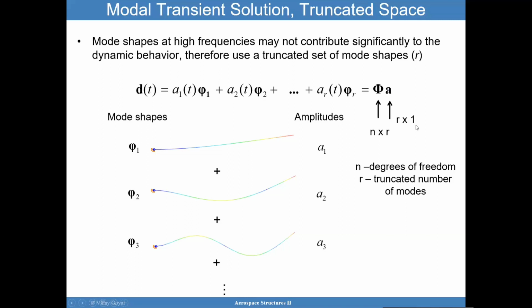So 5 by 1, and for the mode shapes, I'm only considering 5 of them, so I have millions of degrees of freedom times 5. That's the size of this mode shape matrix here. Now this is fully known, and A is not known. But what I've done is I've simplified the problem quite a bit.